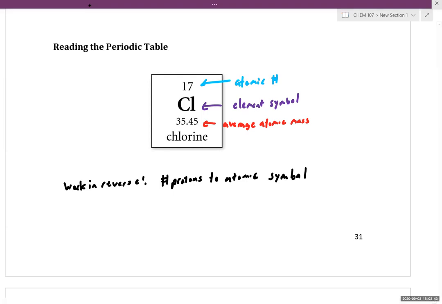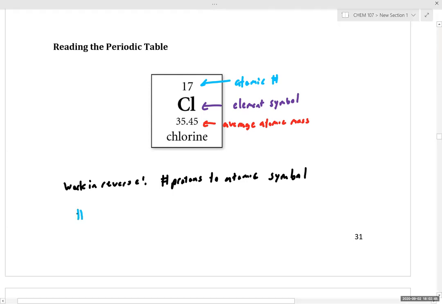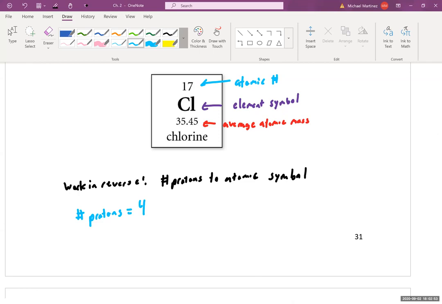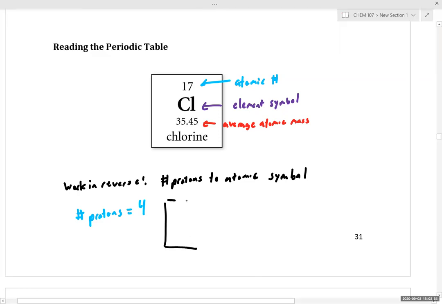So for example, if we know that our number of protons is equal to 4, which element in the periodic table has an atomic number of 4? Which element in the periodic table has a 4 above the element symbol? That would be beryllium. So then, from 4 protons, we can assign this element as beryllium.